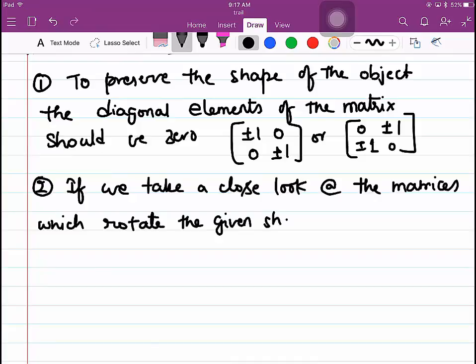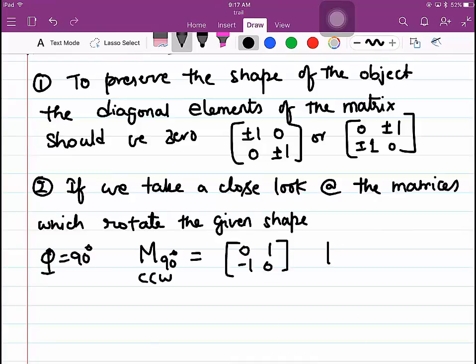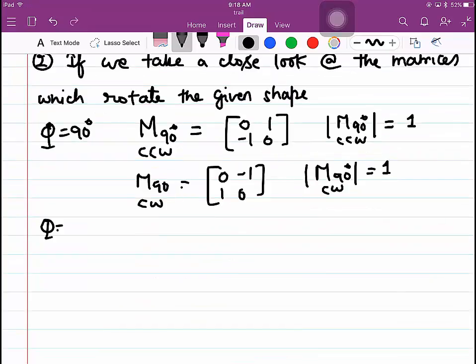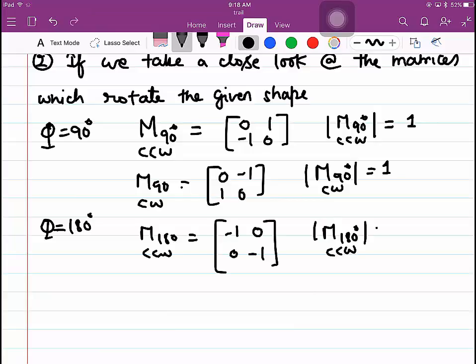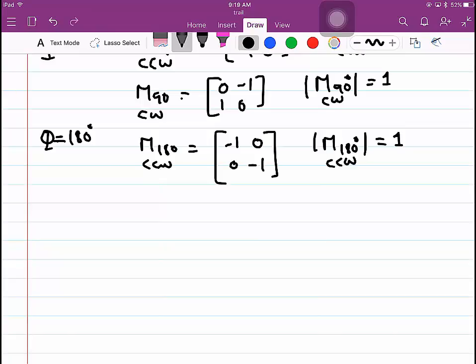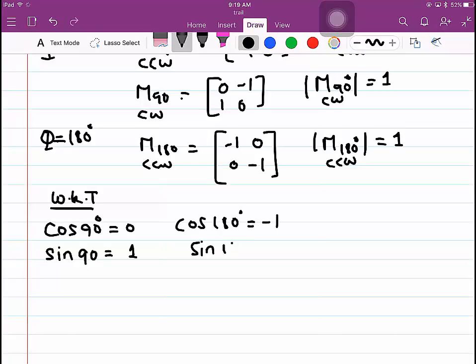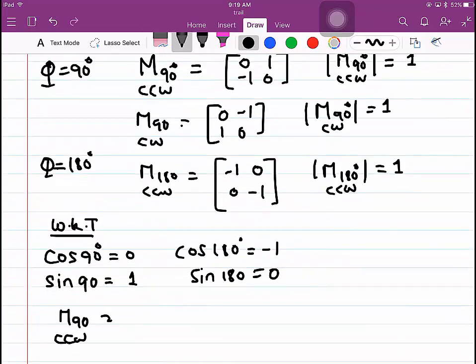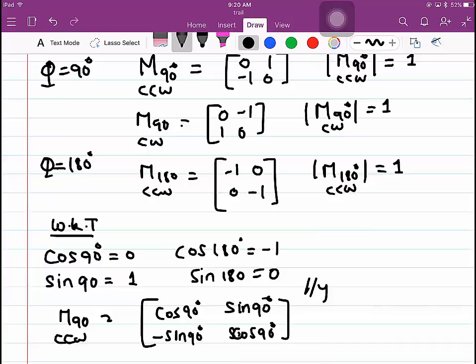If we see closely, the matrices which rotate by 90 degrees clockwise or counterclockwise or 180 degrees have determinants of 1, and the elements present in them are zeros, -1 and 1s. So let us try whether we can substitute the same with cos and sin. If we do that in a particular fashion, they will satisfy the transforms in all possible ways.